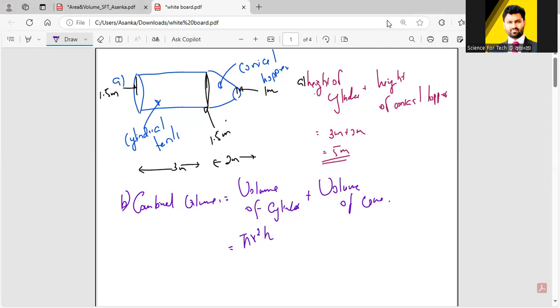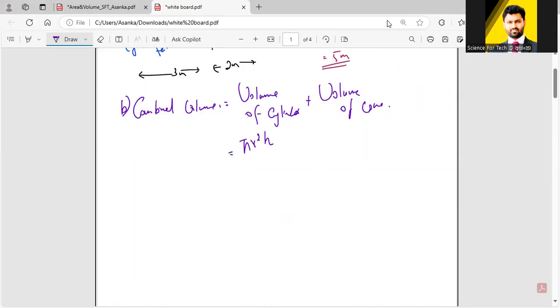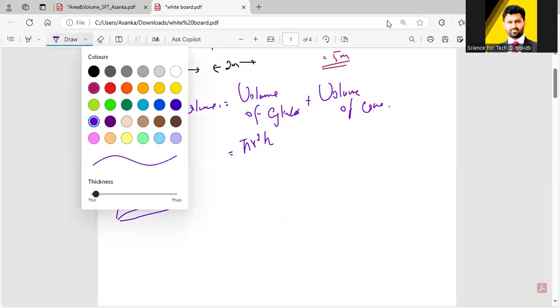But when we consider the cone or the conical shape, that is going to be a bit complicated. In here you can see this is a truncated cone. What does truncated cone mean?